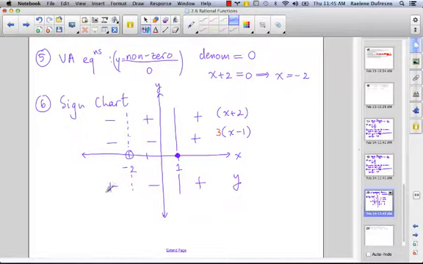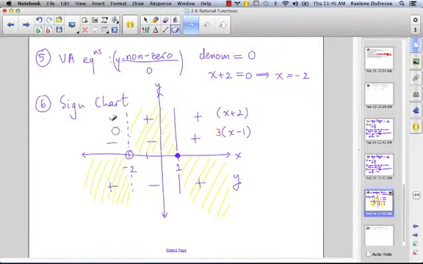I have x equals negative 1 there. And I'm ready to do my shading. I know that the graph will lie above the x-axis for the first region, so I will shade below, then I shade above, then I shade below. And I'm going to clean up my sign chart so that I can draw the graph in the spaces remaining.